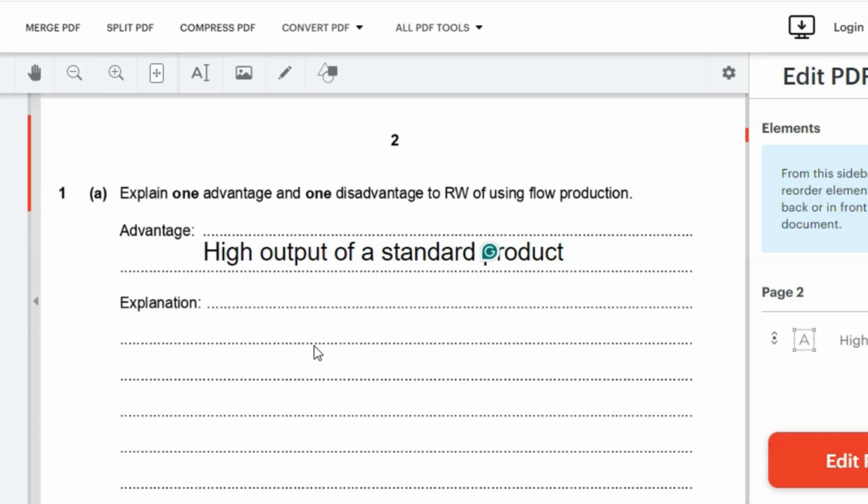Other advantages might also include more advanced technology that can be used. It can also allow purchasing economies of scale, that is bulk buying, which comes with discount, and also time saved in moving goods around the company.